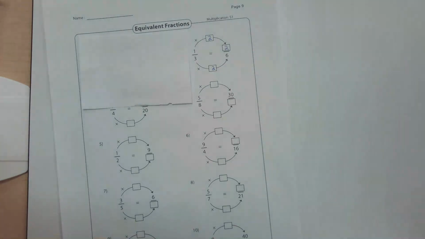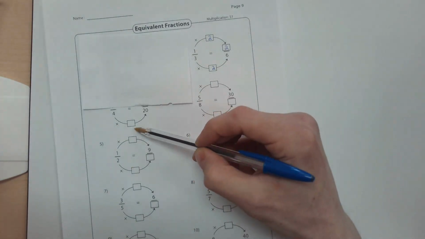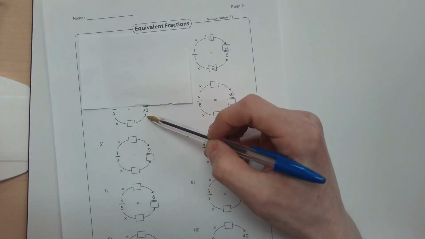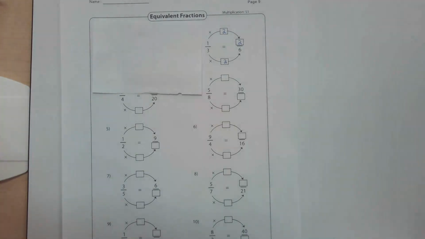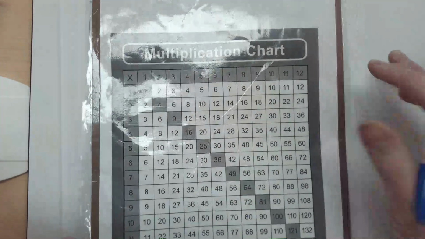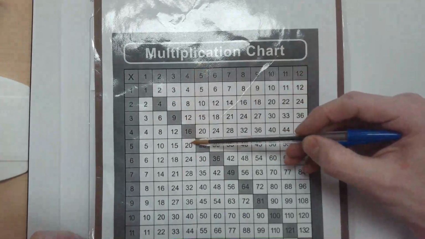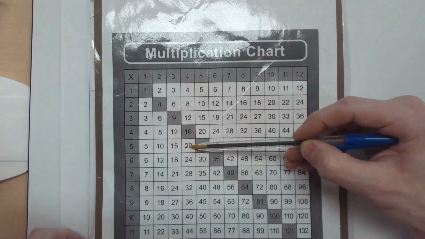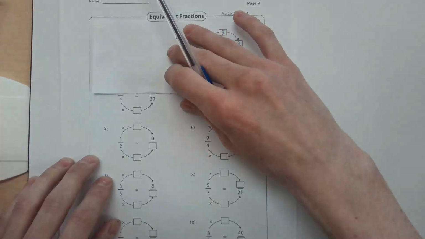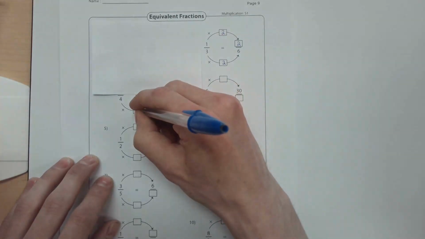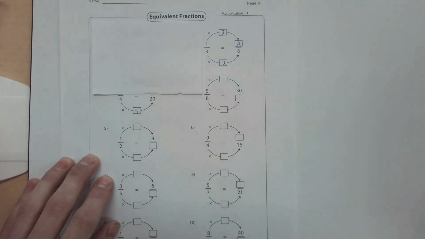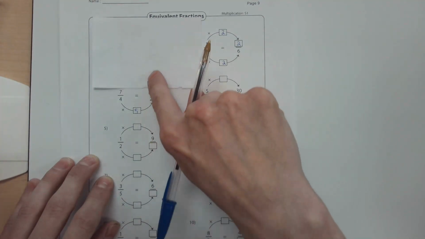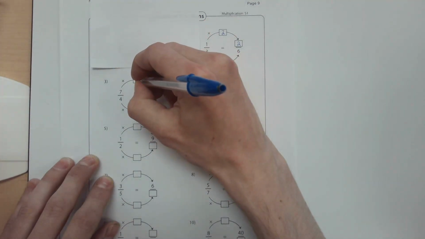Okay. 4 times a number equals 20. 4 times 5 is 20. This 5 also goes up top.